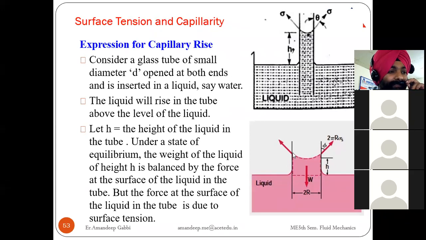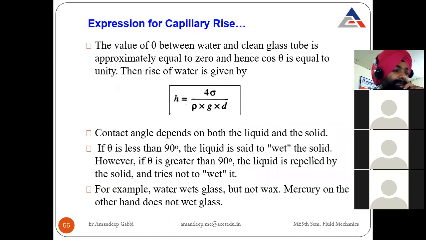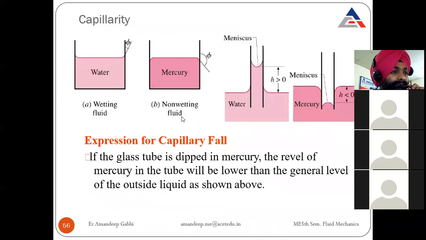If the reverse is true and the curve goes in the other direction, it is a non-wetting liquid, or we call it repellent. The liquid is repelled by the solid, right? For example, water wets glass. Mercury, on the other hand, does not wet glass. So this is about this.